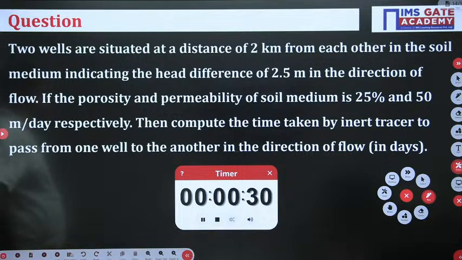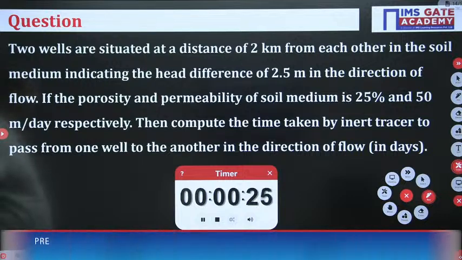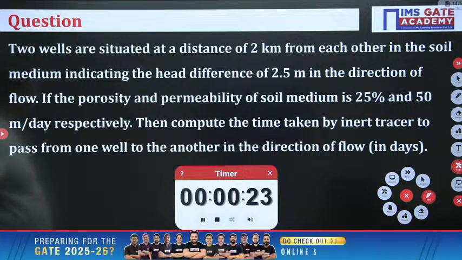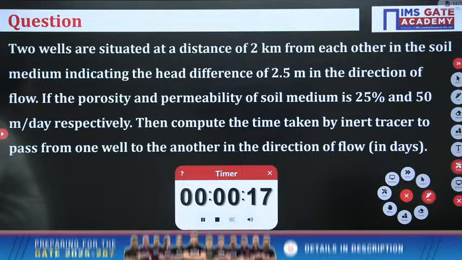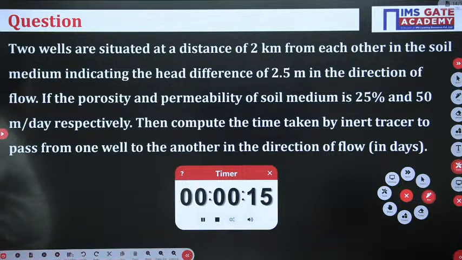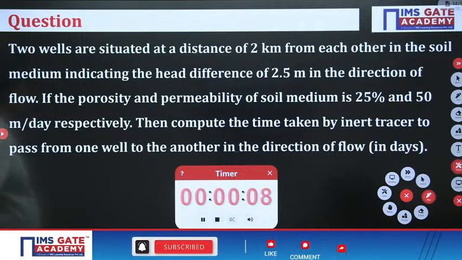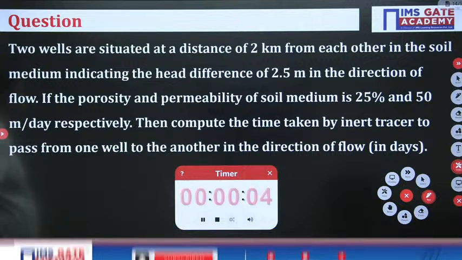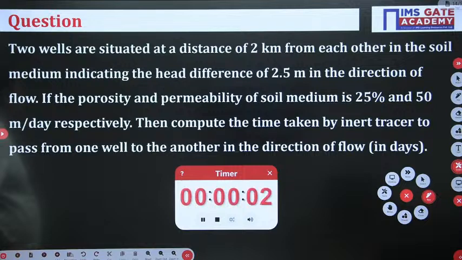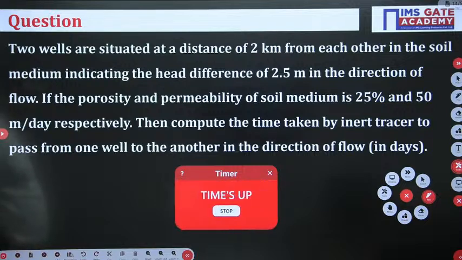Many years the same question was repeated for 2 marks. Keep commenting your answers in the chat box.